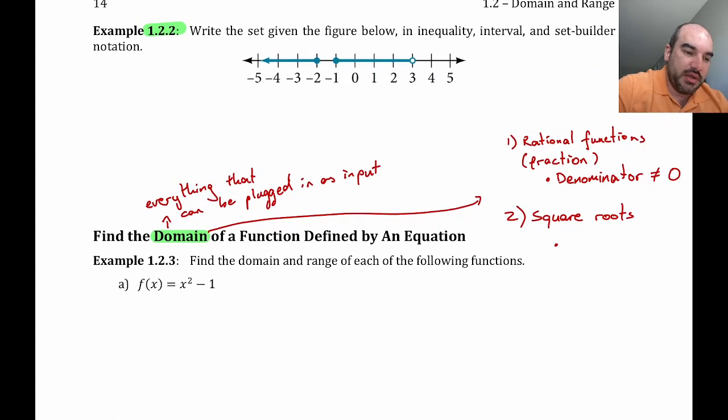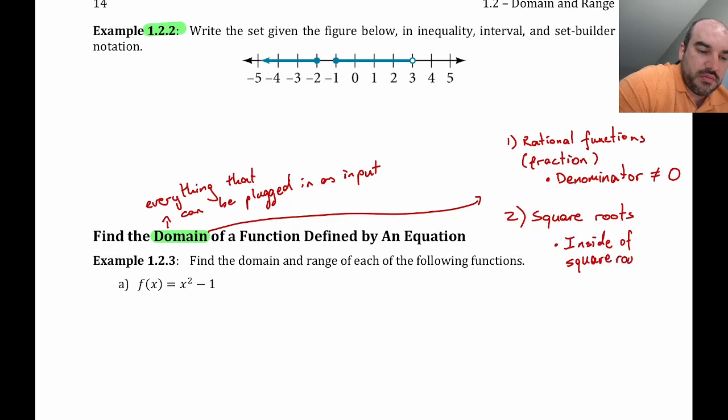You want to make sure that whatever's inside your square root needs to be greater than or equal to 0, because we can't have negative values inside of a square root.